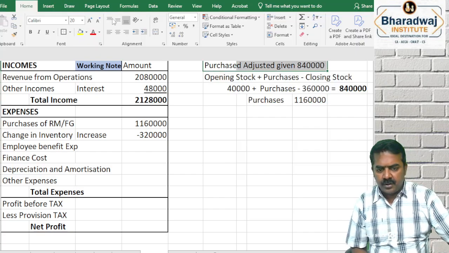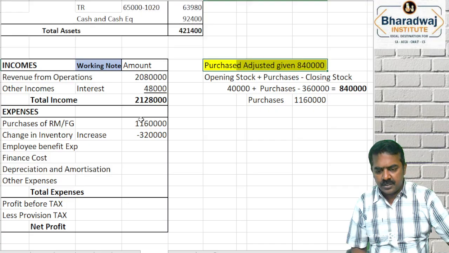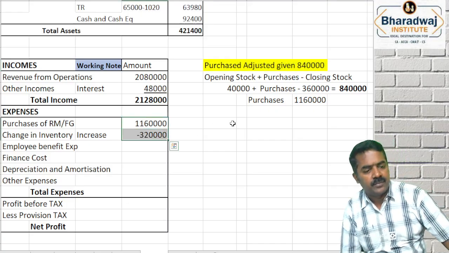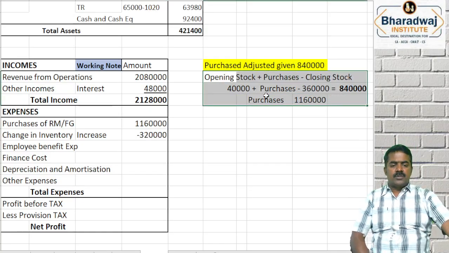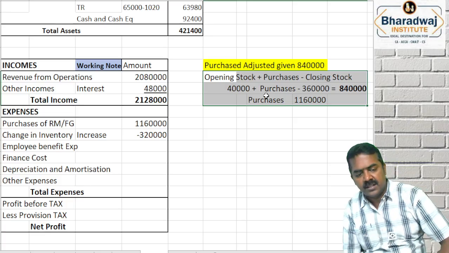Net impact of these two is 8,40,000. If adjusted purchase is given, the closing stock and opening stock change has already been adjusted.